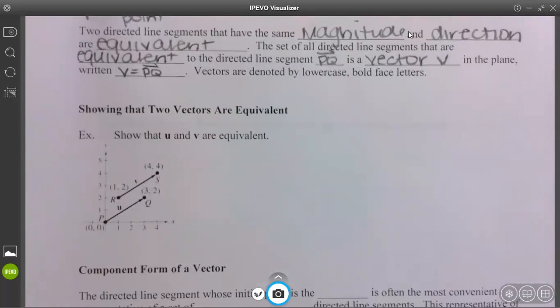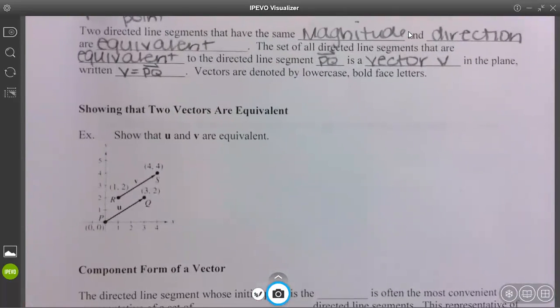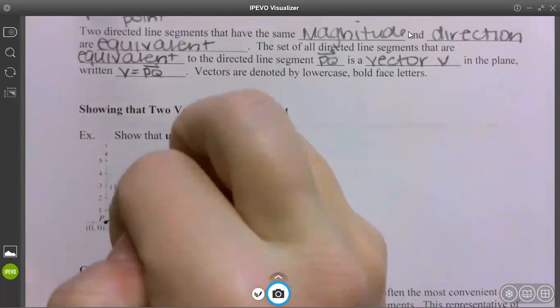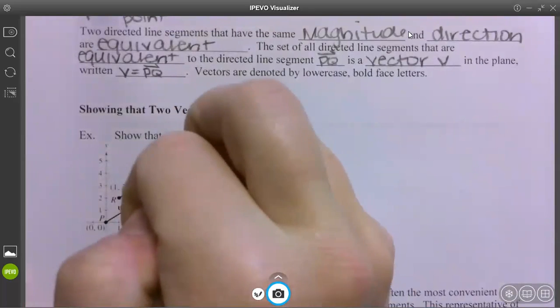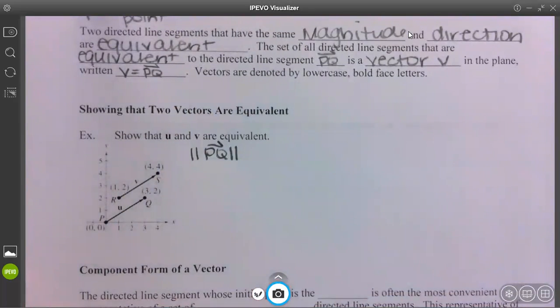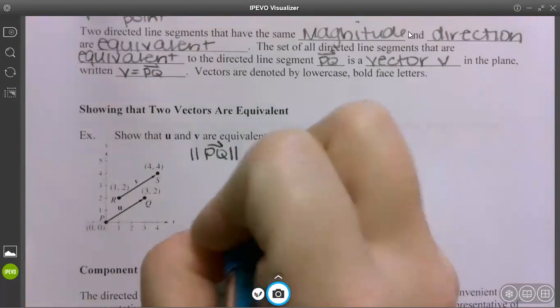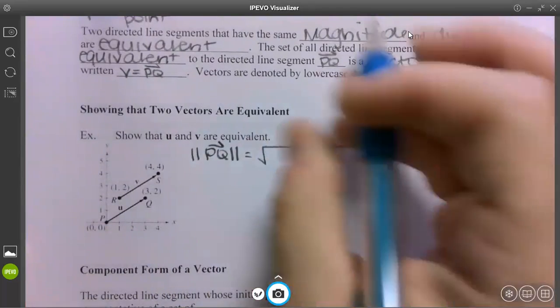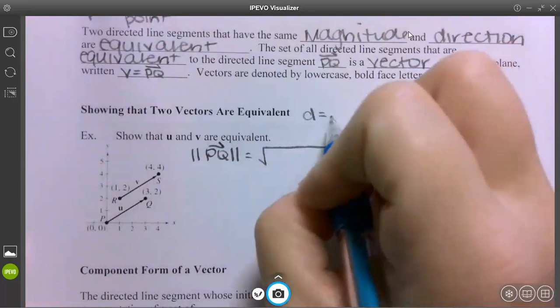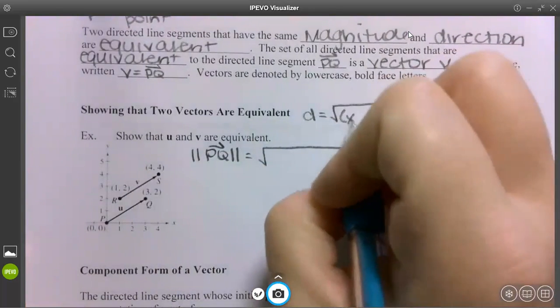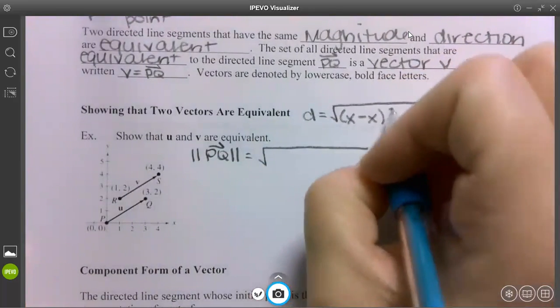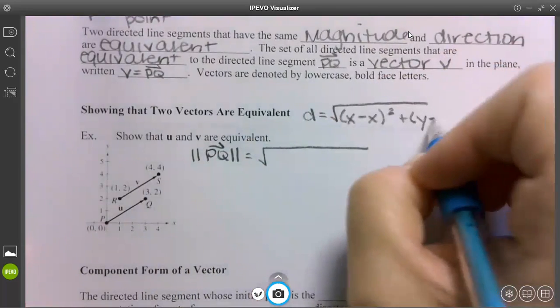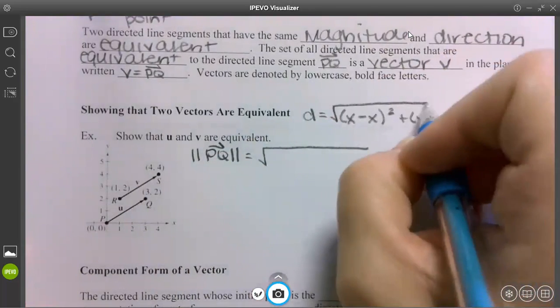So it says show that U and V are equivalent. And remember, it said you could do that using the distance formula. So we're going to start with PQ. Just to remind you, the distance formula is the square root of x minus x squared plus y minus y squared.